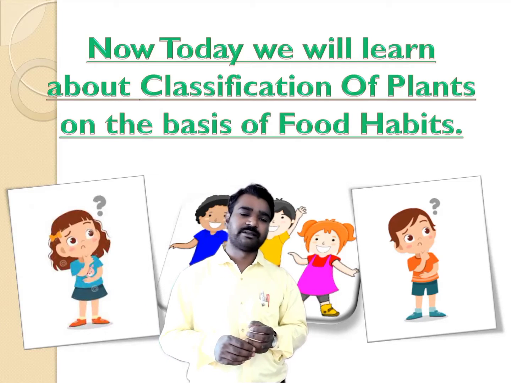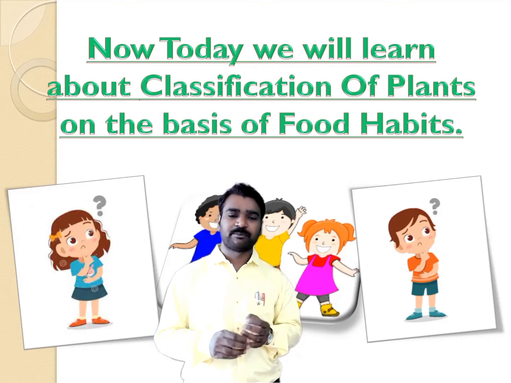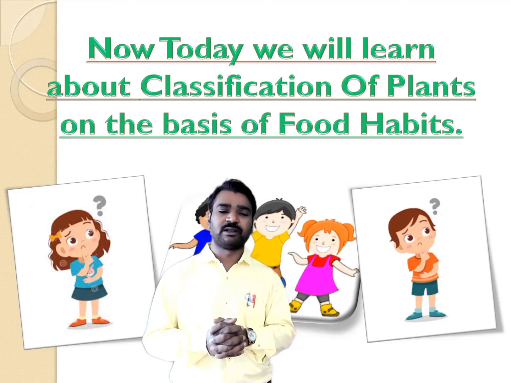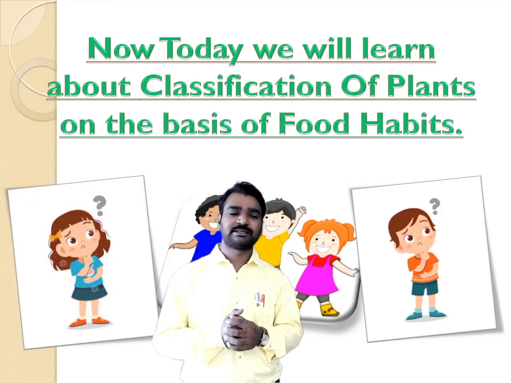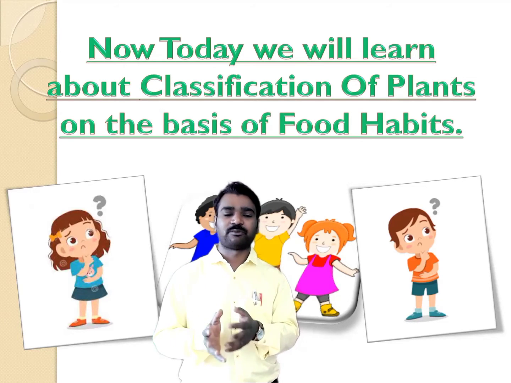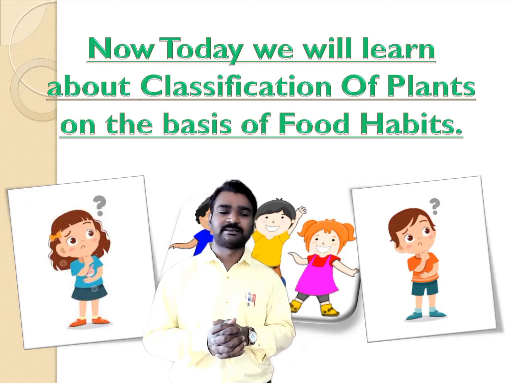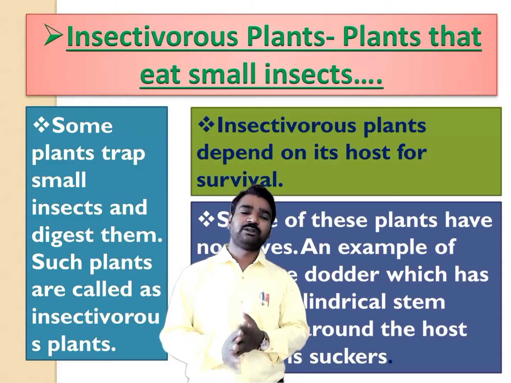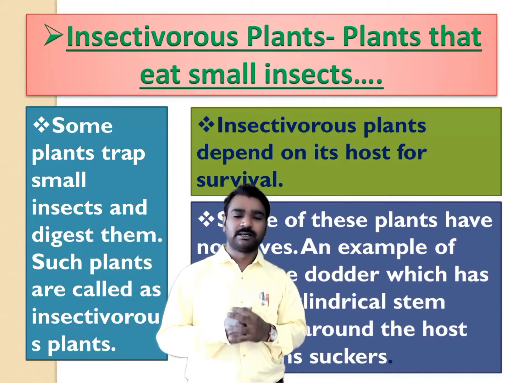Second is the parasitic plants, which cannot prepare their own food because of the absence of chlorophyll. So they get their nutrients and food from the roots of other plants, like sandalwood.